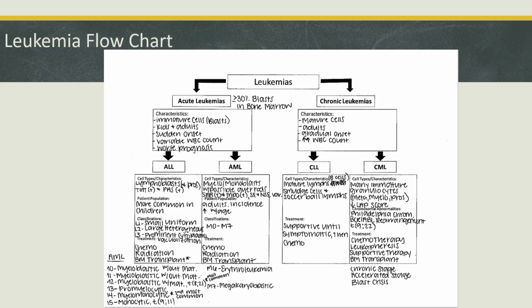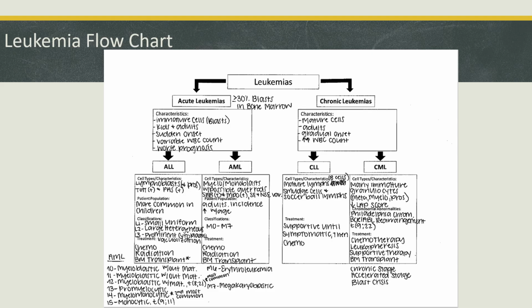Now, CML has 3 different stages because, again, remember, these conditions can transition from chronic to acute, and CML is a little bit special too because it also falls under the myeloproliferative category, which we're going to talk about here in just a bit. Treatment for CML is going to be chemotherapy, leukapheresis, supportive therapy, and bone marrow transplant.